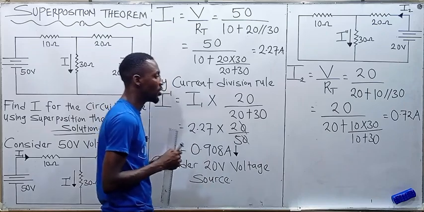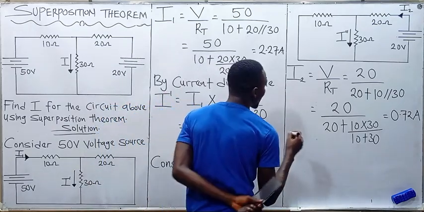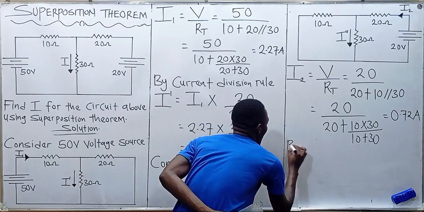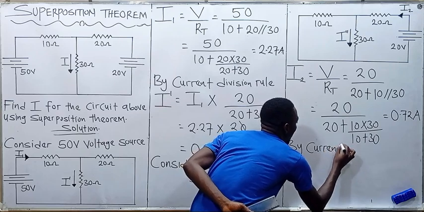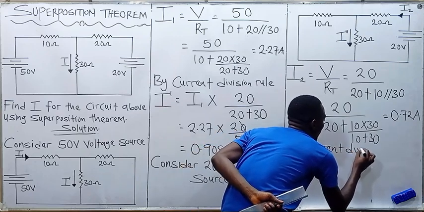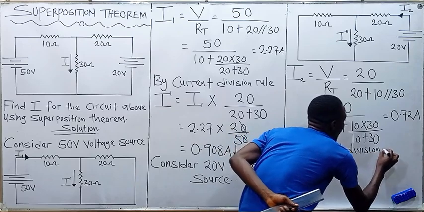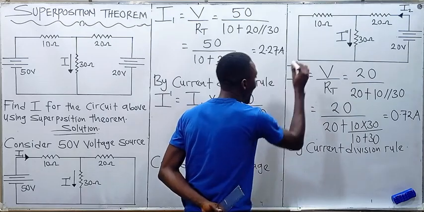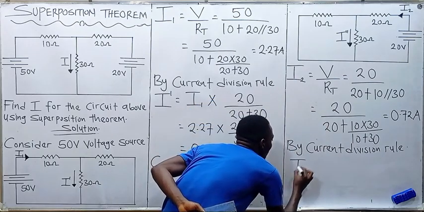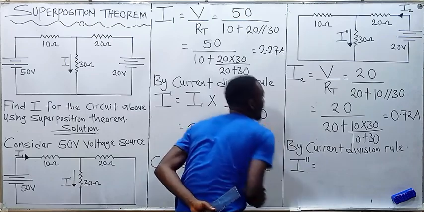So by current division rule, our I double prime will be equals to what?